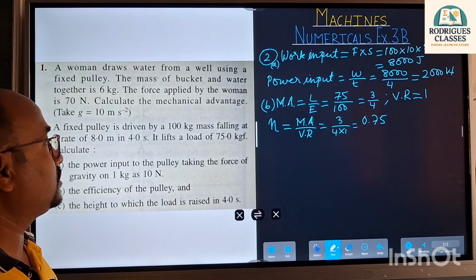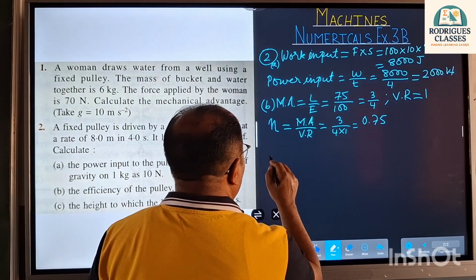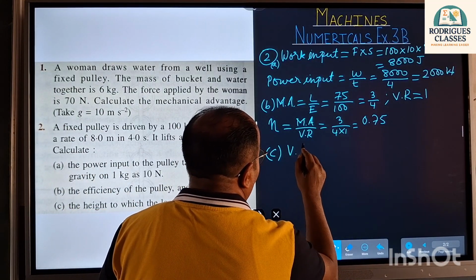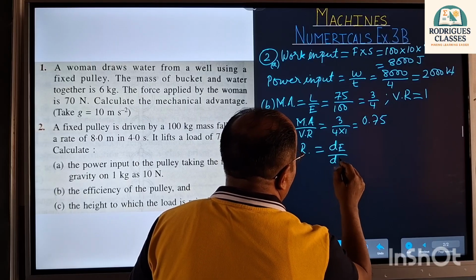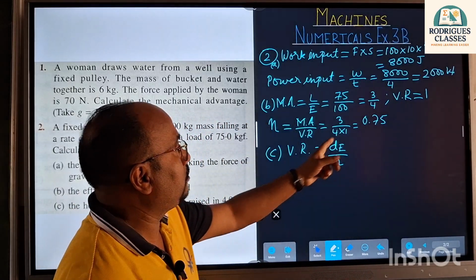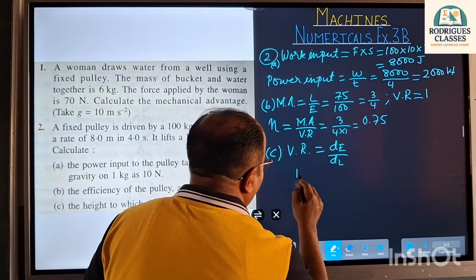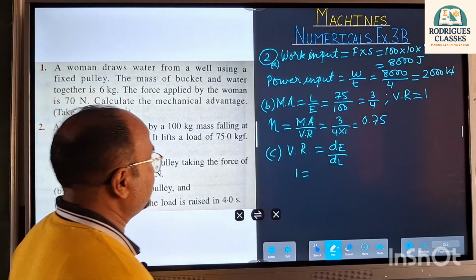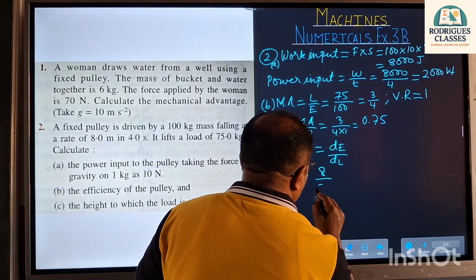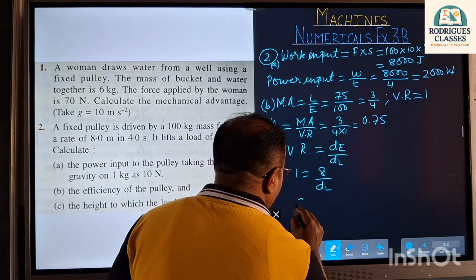Then the height to which the load is raised for this part, VR is equal to displacement of the effort by displacement of the load. Velocity ratio is 1. Displacement of the effort is given as 8 meter and the displacement of the load we have to calculate.